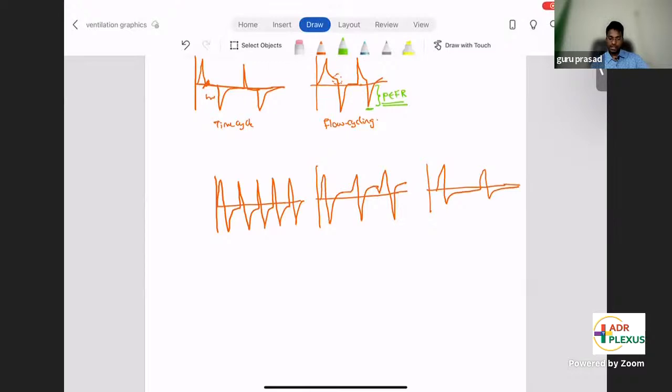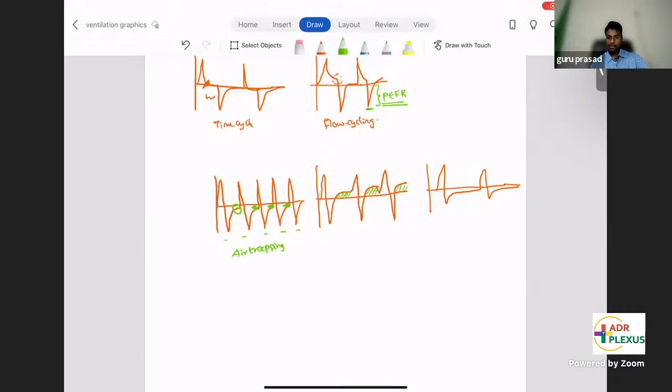In the first graph, if you see, your rate is very high, and even before your expiration is ending, your inspiration is starting. So this is something called air trapping. This will especially happen when patients are breathing at a very high rate on a ventilator, and air trapping will lead to auto PEEP generation. In the second, the expiration is continuing into inspiration also.